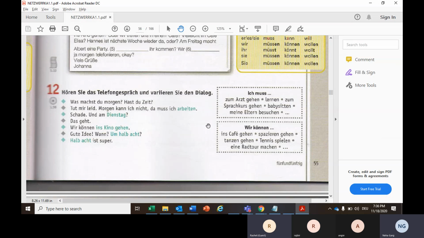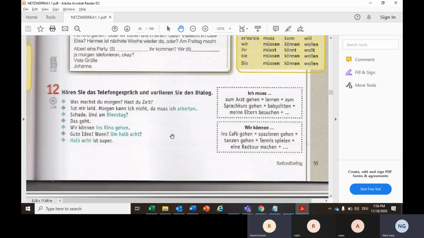Was machst du morgen? Hast du Zeit? Tut mir leid. Morgen kann ich nicht. Da muss ich tanzen gehen.